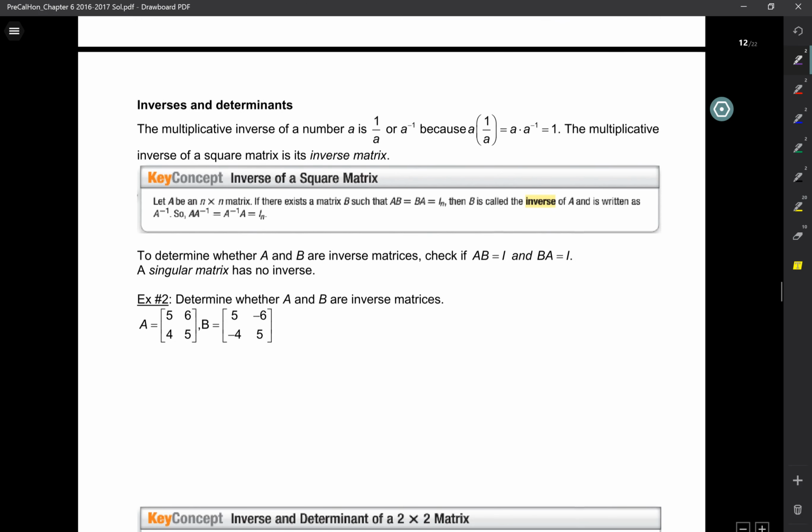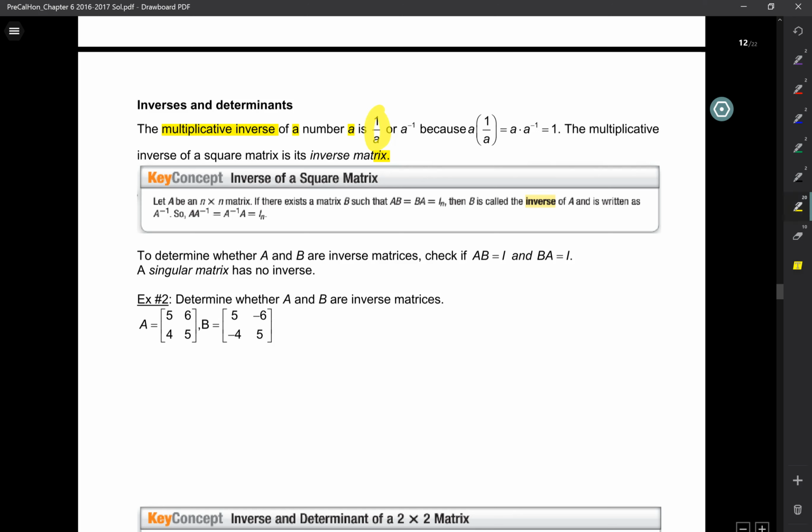Okay. So let's talk about inverses. Well, what is the multiplicative inverse of a number? This is when you multiply, what can you multiply a number by to get 1? Well, for a number A, it's 1 over A, right?